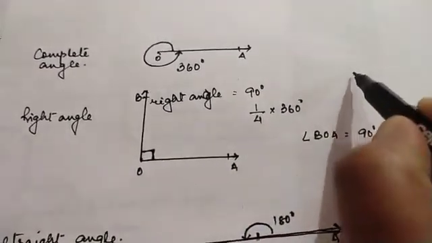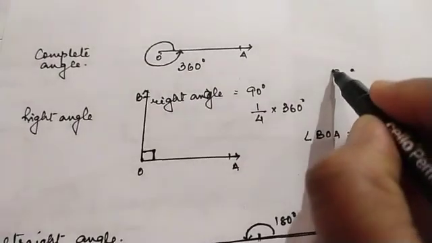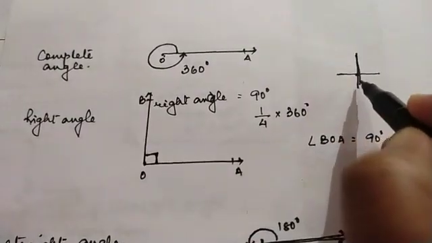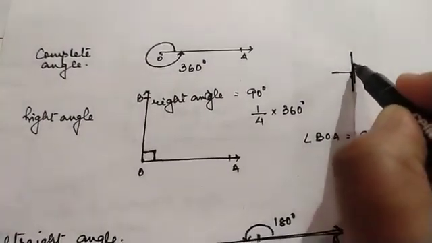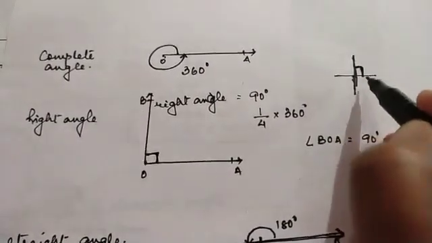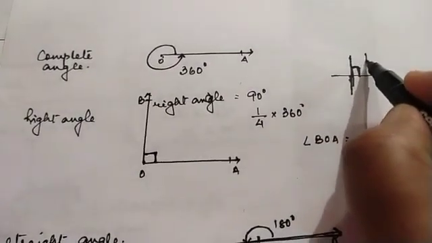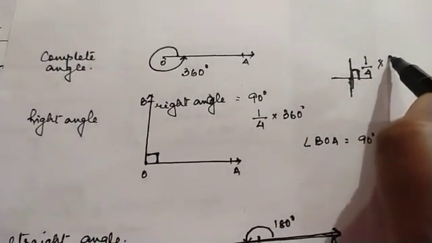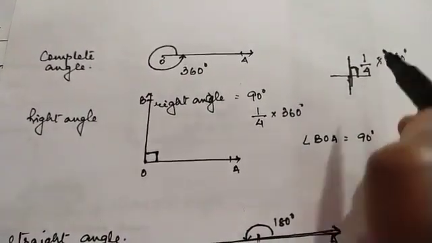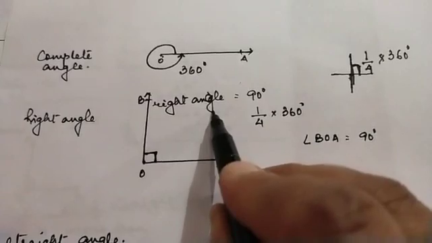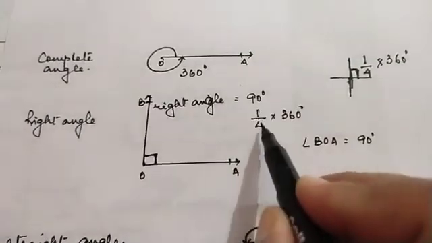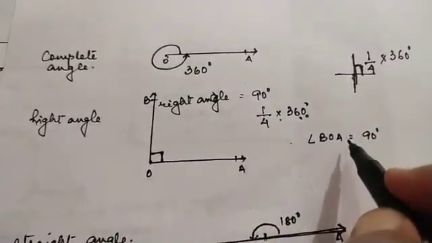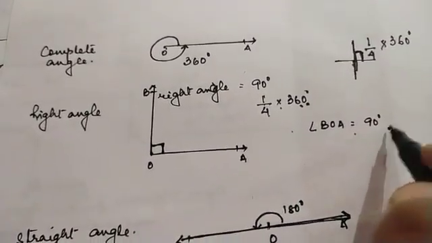If I divide this point into 4 parts, then this one part is 90 degree. So this is one part out of 4 parts of 360 degree. One right angle is equal to 1/4 of 360 degree and the measure is equal to 90 degree.